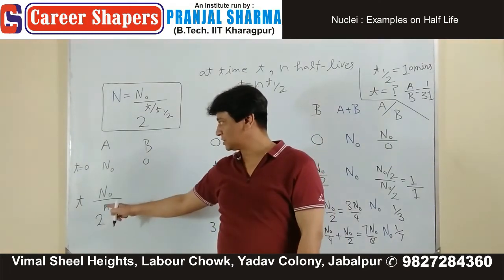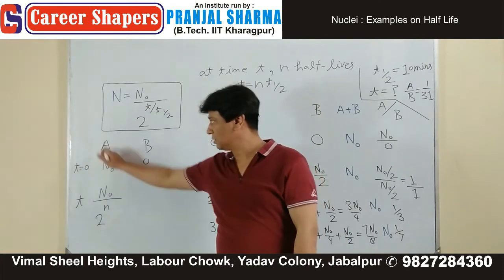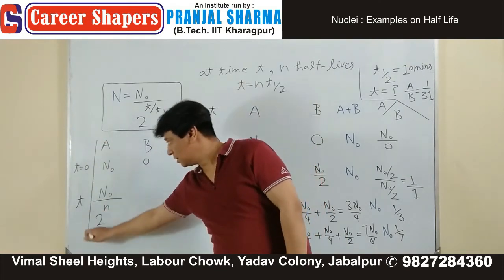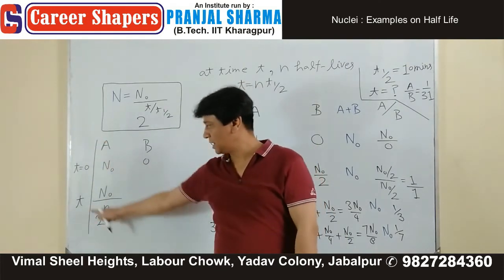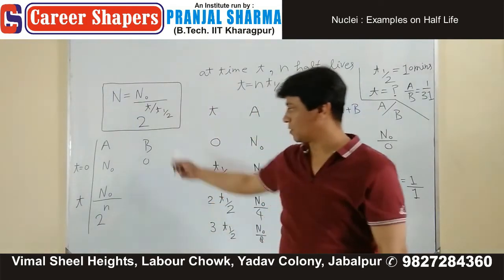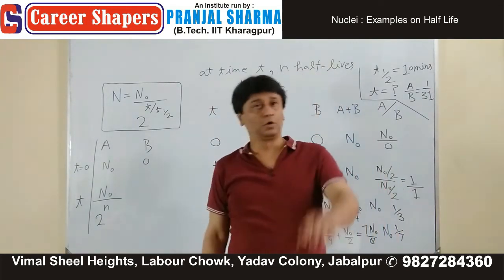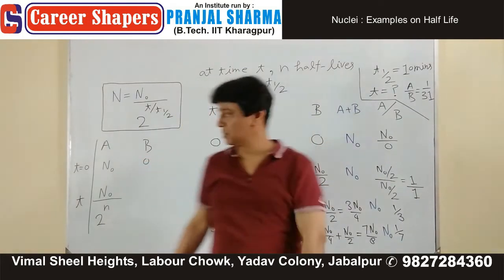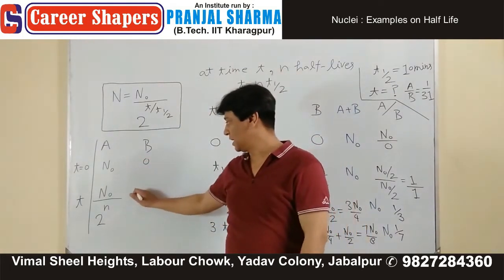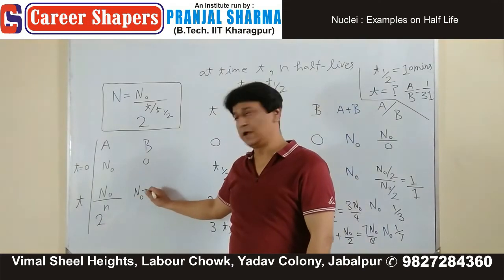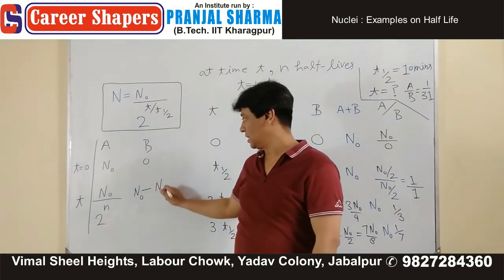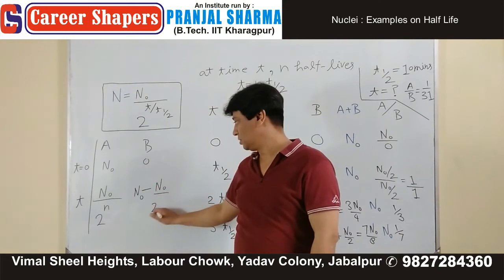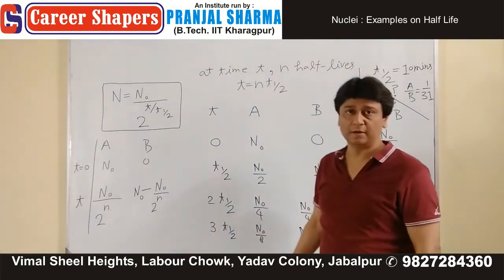So if this is concentration of A at time t, then what about B? Total sum should always be N naught. So this gives us N naught minus N naught divided by 2 to the power n.